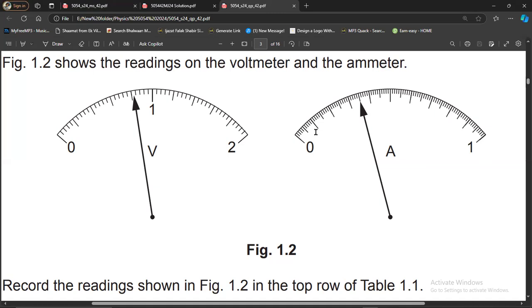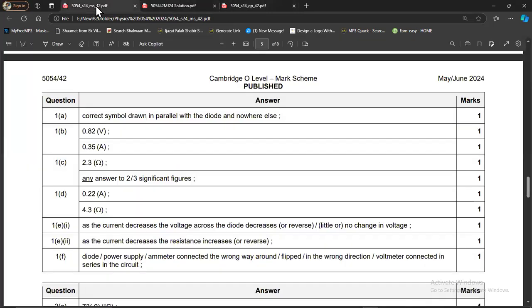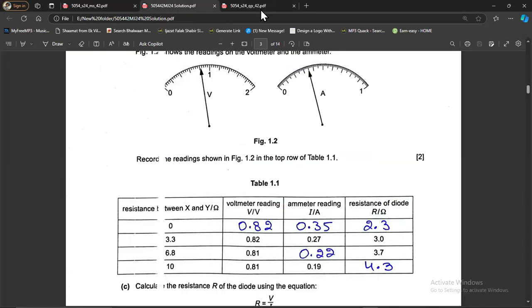Okay, so this is 0.1, 0.2, 0.3, 0.35. So this reading is 0.35. So we will note down these values. Our answers are 0.82 volt and 0.35 ampere. So we noted them in this table.